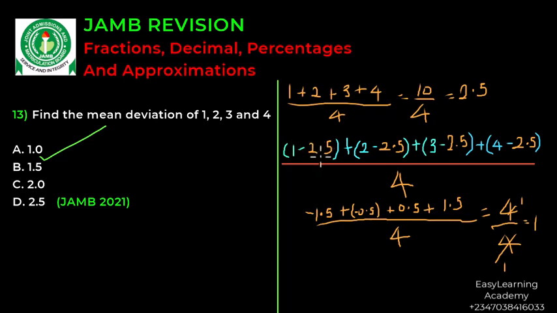First, subtract 2.5 from each of these numbers. We did that, and absolute value is without a negative sign. So we added up everything without the negative. We ignored the minus 1.5 and also the minus 0.5. Adding them up, we had 4. Dividing it by the total number of digits that we had, 1, 2, 3, 4, that was this 4. And that gave us 1, so option A is correct.